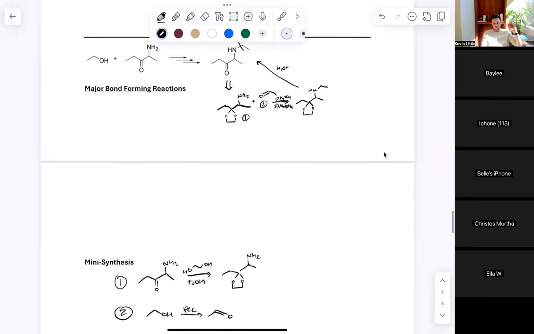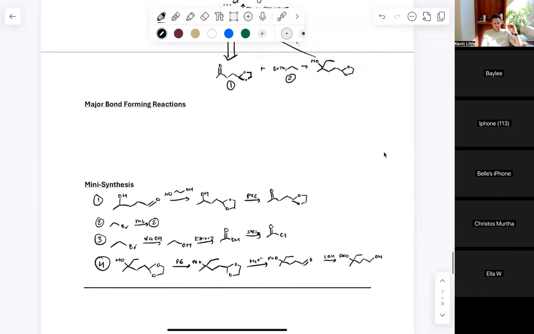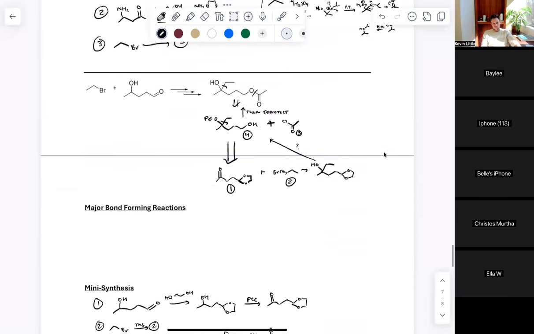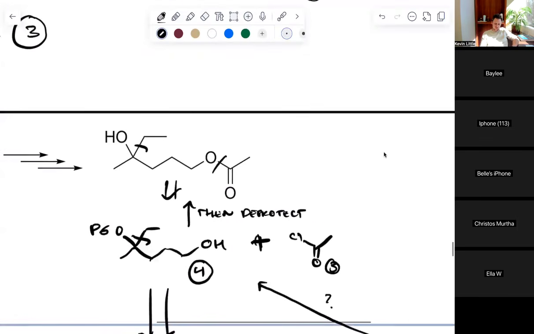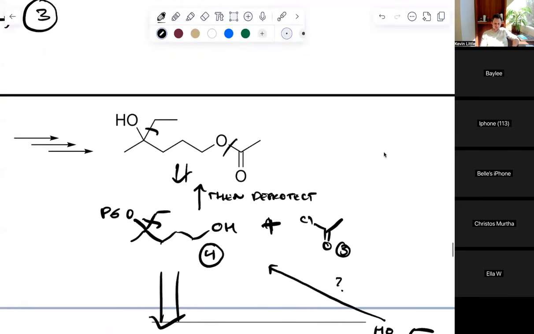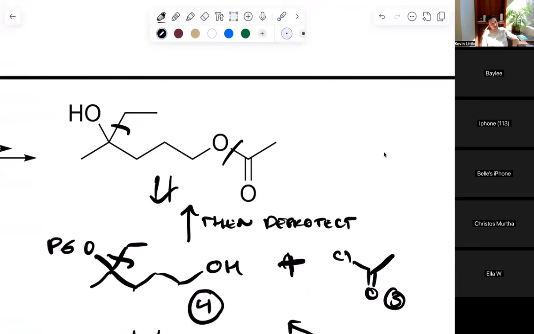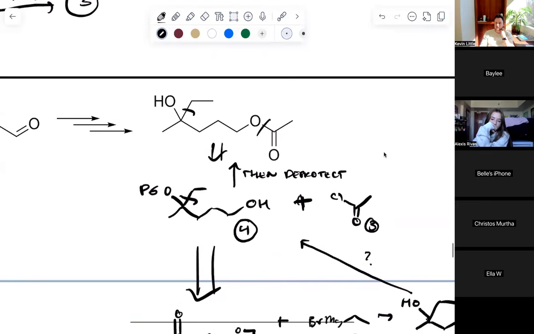I have a question on how do you determine which cut to make first, or does it not matter? Sometimes it matters, sometimes it doesn't. I'd usually make the ester cut first. There's a couple of reasons for that, but mostly it just works out the best that way. It's the easiest thing to add late.